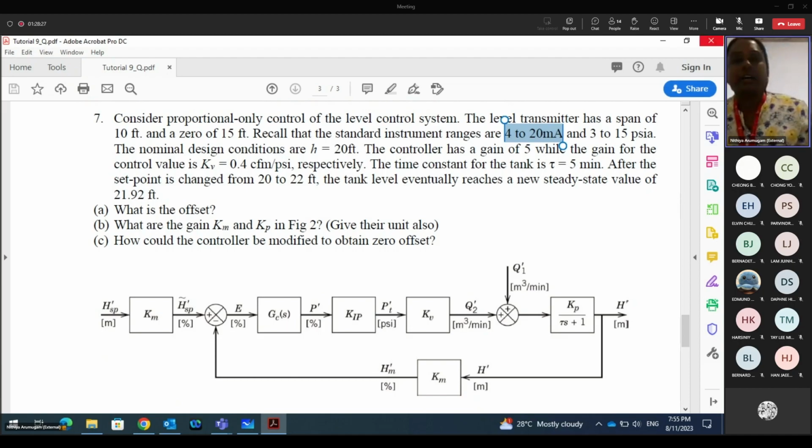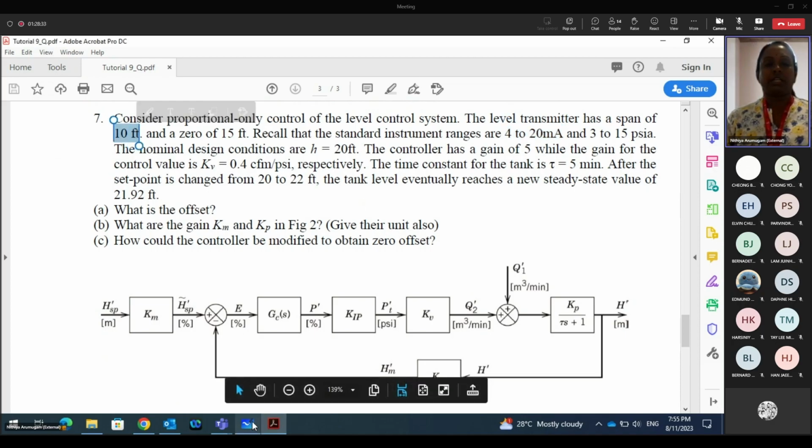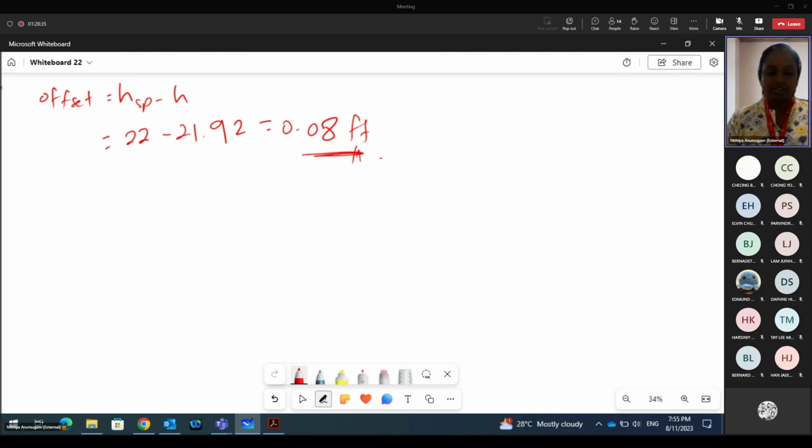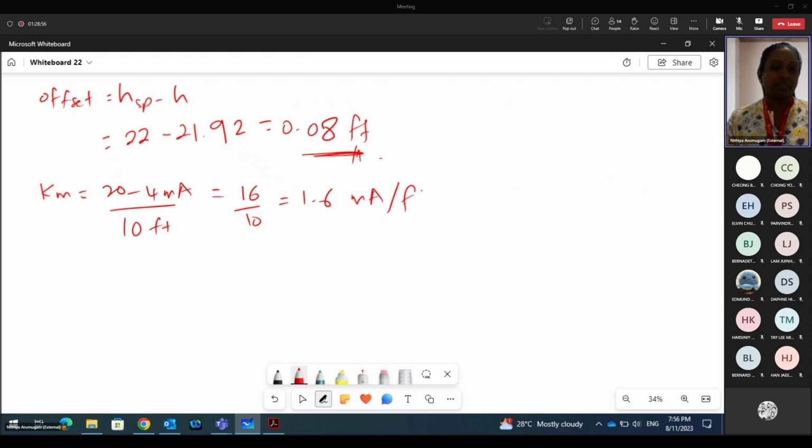Okay, and the level transmitter span is 10 feet. So we can calculate the Km by finding the difference between the transmitter range, which is 20 minus 4 milliampere, over the 10 feet. So it will be 16 over 10, which equals 1.6 milliampere over feet.